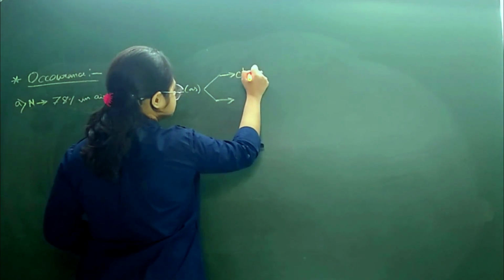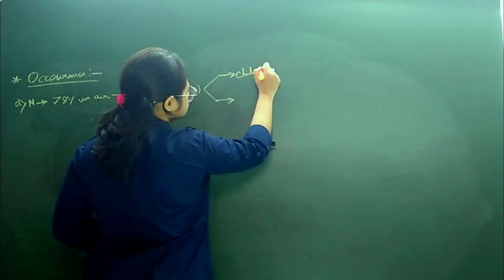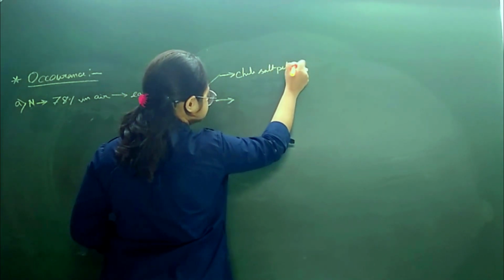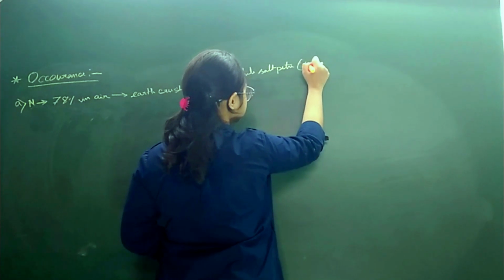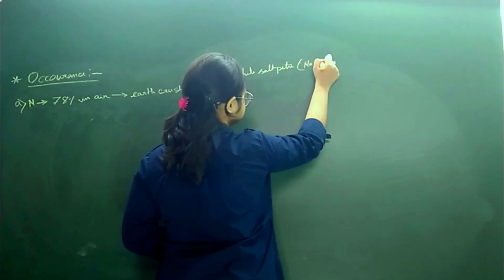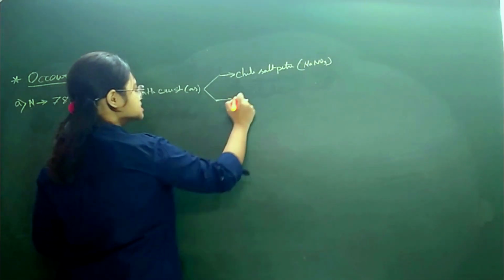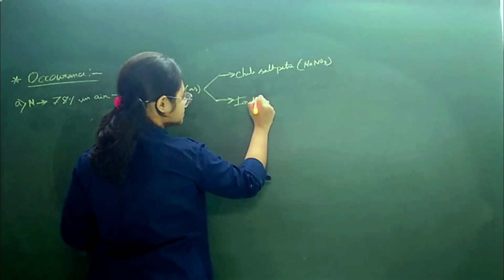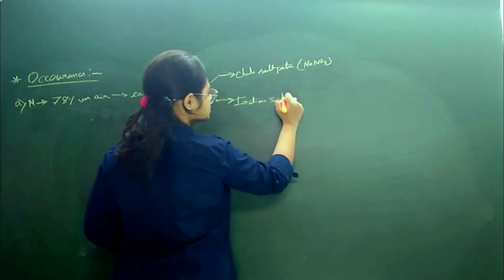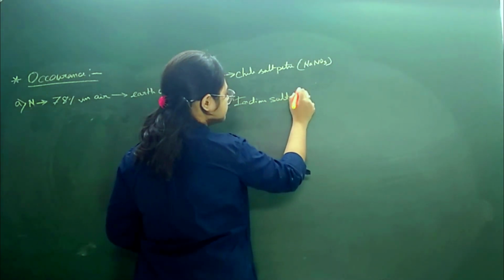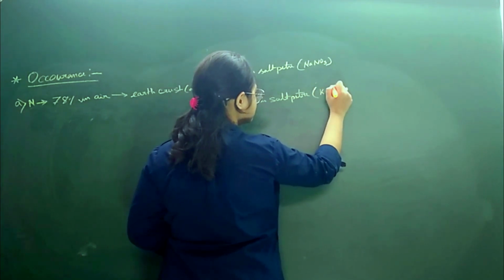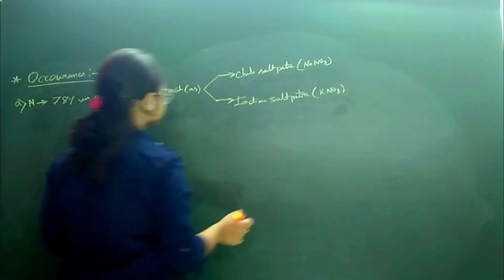Chile saltpeter is NaNO3, sodium nitrate, and the Indian saltpeter is KNO3, potassium nitrate.